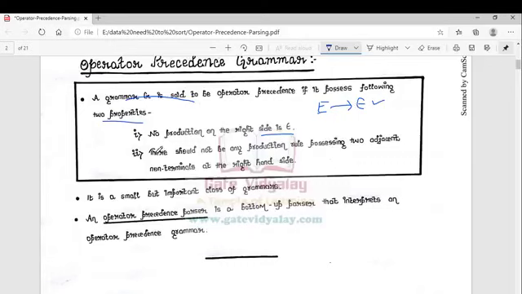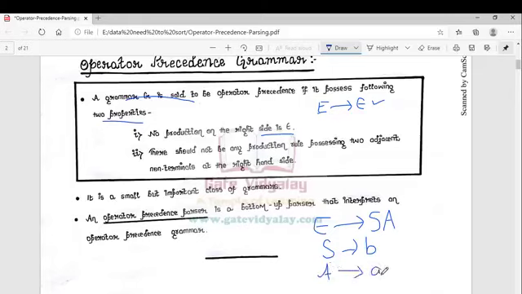The second point is that there should not be any production rule possessing two adjacent non-terminals on the right hand side. This is another important point. If we have a grammar that produces adjacent non-terminals, like capital S and capital A, which are both non-terminals, then S produces some string B and A produces a string small b, small a.